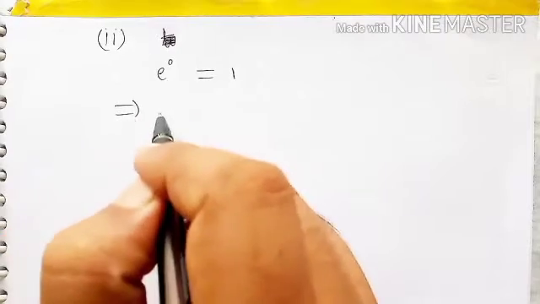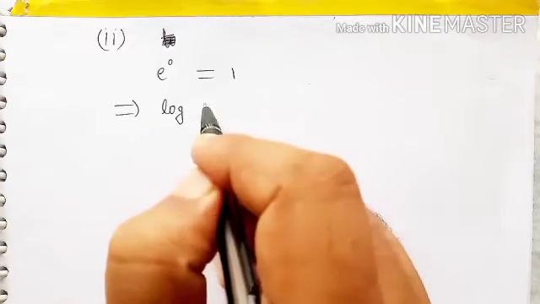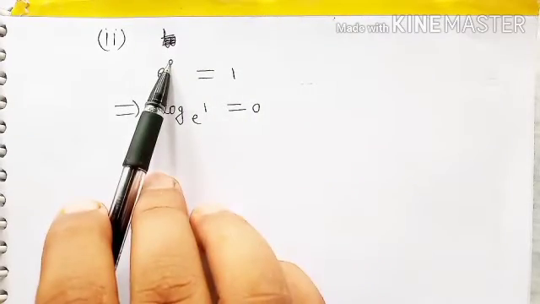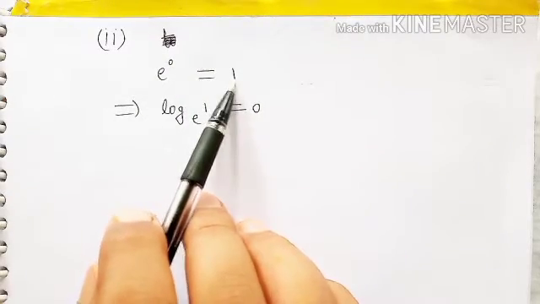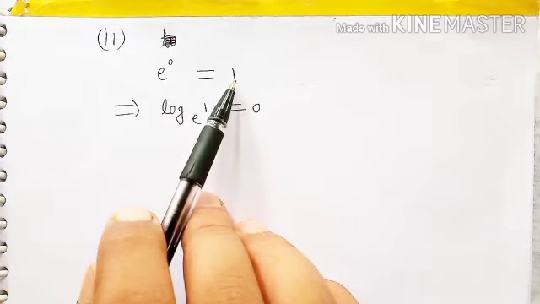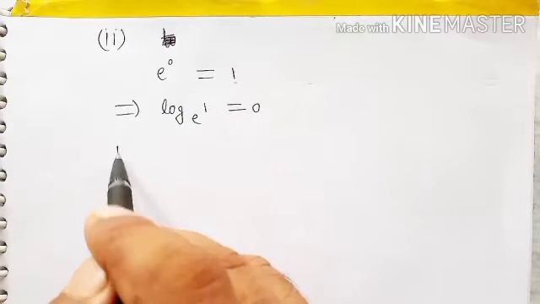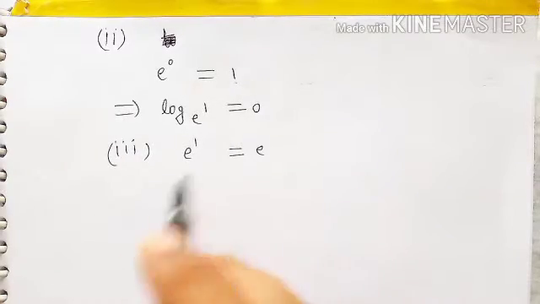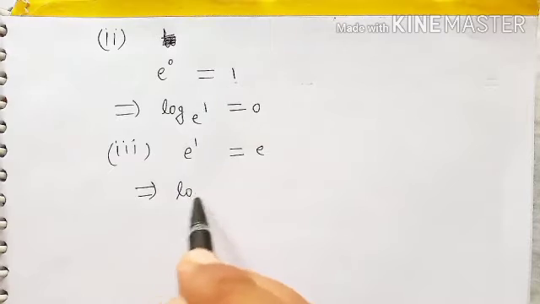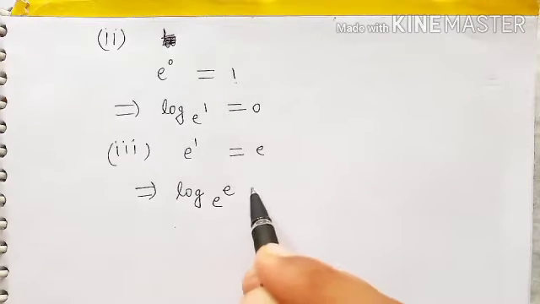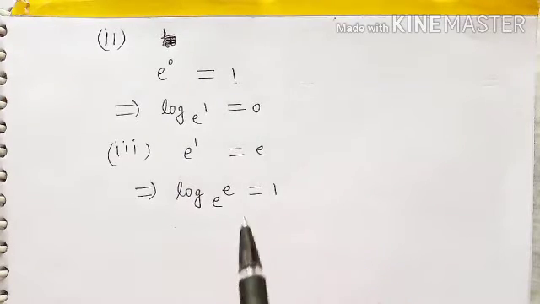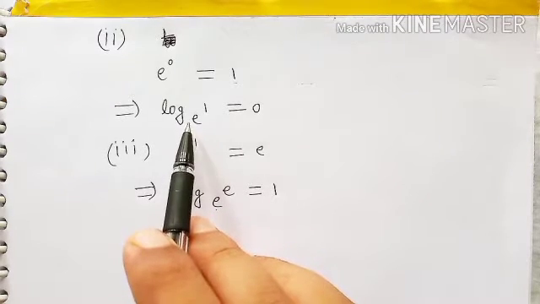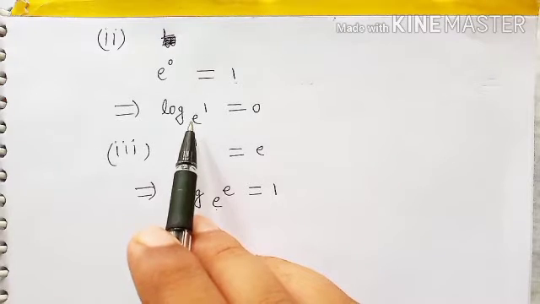This implies that log of 1 to the base e is equal to 0. It means that this power and this value are interchanged. e to the power 1 is equal to e. This implies that log of e to the base e is equal to 1. Here the base of log is e, but in the previous example the base was 10.